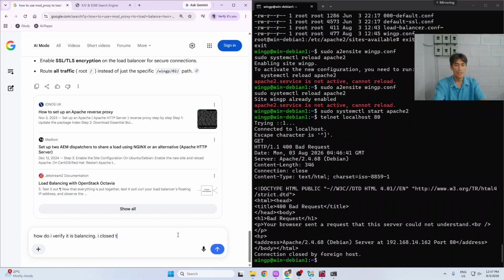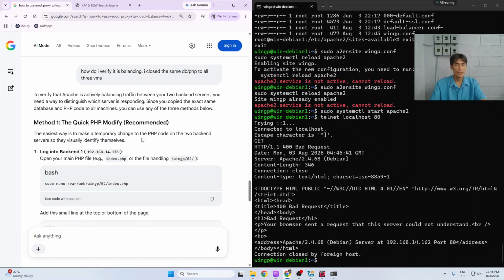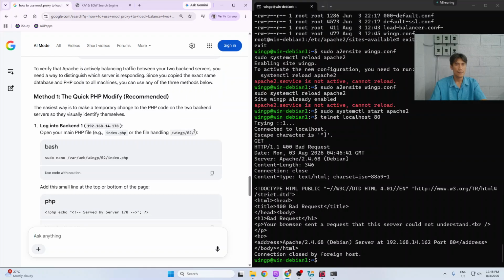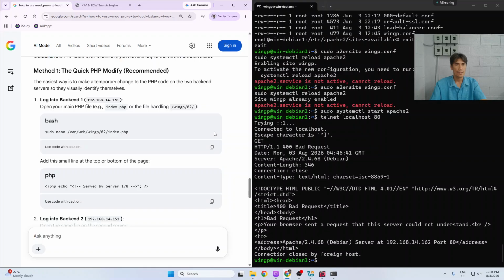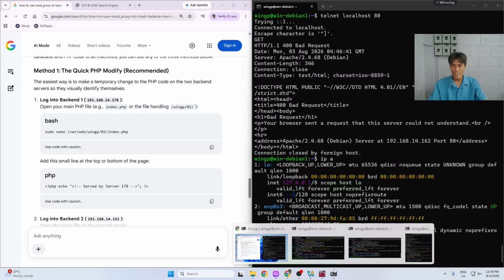I cloned the same DB PHP on all 3 VMs. So the quick way is to log into backend and 178. It will show the IP. Oo nga naman, no? Okay. That's a good idea.